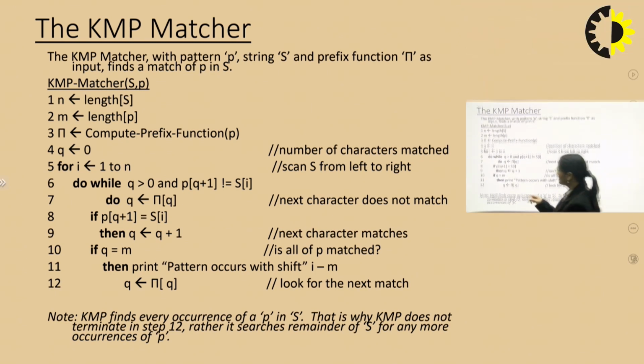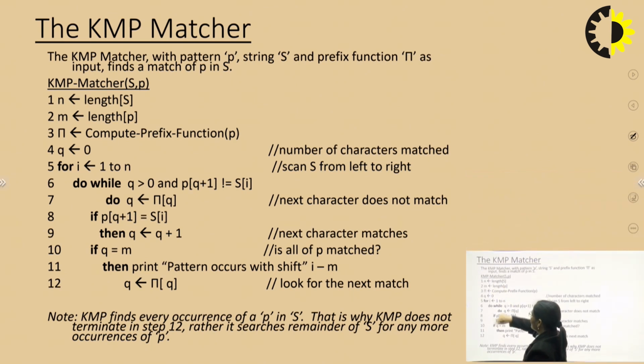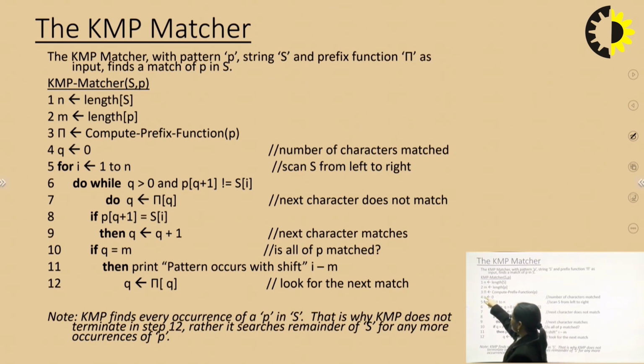Here we have to set n equal to length of S, m equal to length of P, and we have to use the compute prefix function to compute the value of pi. Initially we have to set Q equal to 0 and loop for I equal to 1 to n. This is the loop we have to follow.